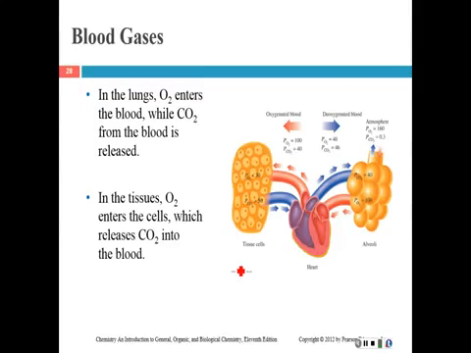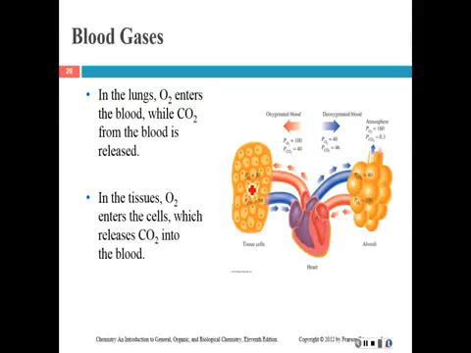Now this is where the medicine comes into play. We talk about oxygen and carbon dioxide in the blood, and that's actually measured by the partial pressures of each. In this diagram, in the lungs, oxygen enters the blood and CO2 leaves it, and in the tissues, oxygen enters the tissue and CO2 leaves the tissues. This represents the tissues here, and these are the alveoli in the lungs.